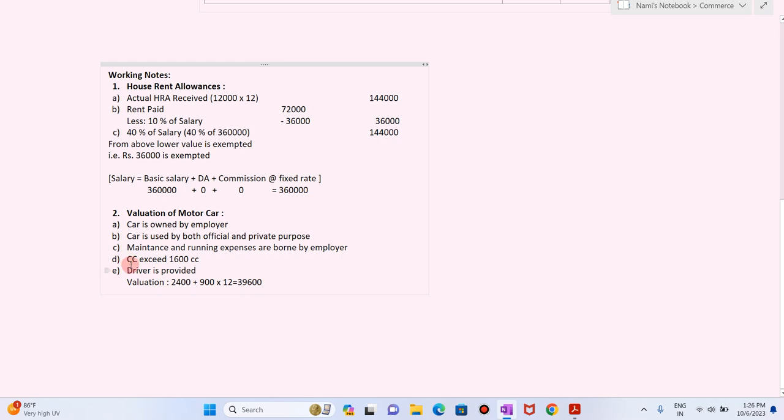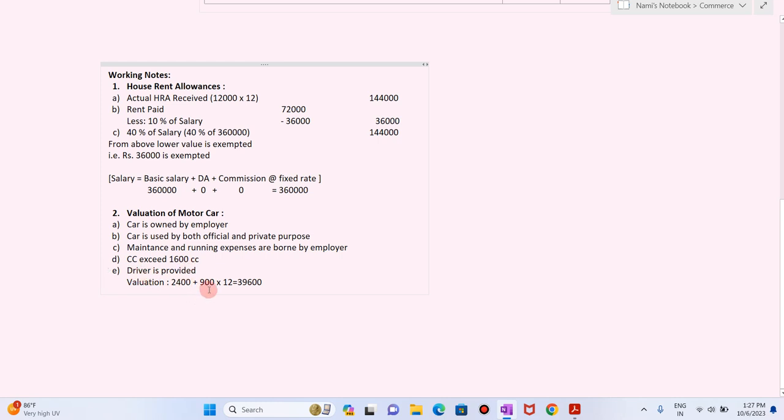So now what is the cc? It is more than 1600, that means 1800 cc, and driver is provided. That means if the car cc is more than 1600, then the valuation will be 2400 plus driver's salary. Okay, driver's expenses. So driver is how much?